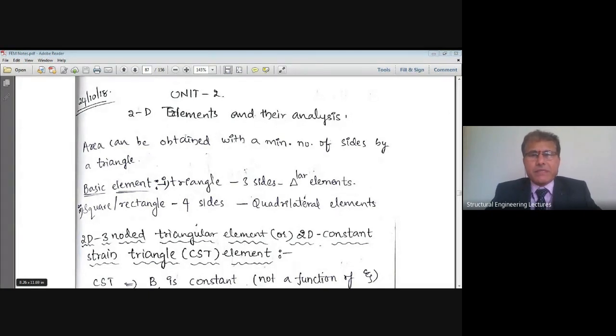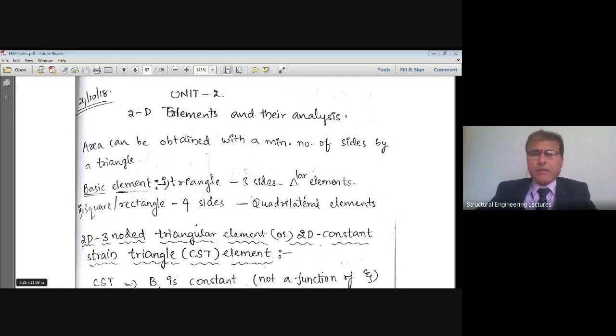In previous lectures, we have seen how 1D elements can be used for solving 1D problems and their fundamentals. In today's lecture, we shall see 2D analysis, or 2D elements, right?